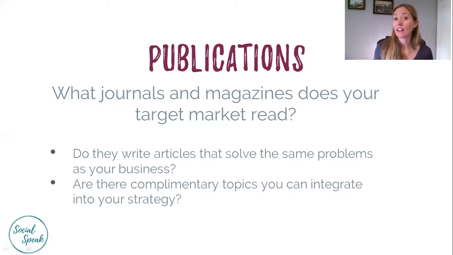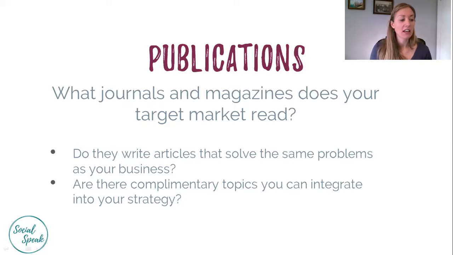Additionally, by taking a look at these articles that these larger publications are putting out there, you might find tangential topics to also include in your social media strategy, or topics that you can integrate within a monthly focus of your marketing. So look for publications that solve the same problems, or articles that solve the same problems as the ones that you also are focusing on with your services.